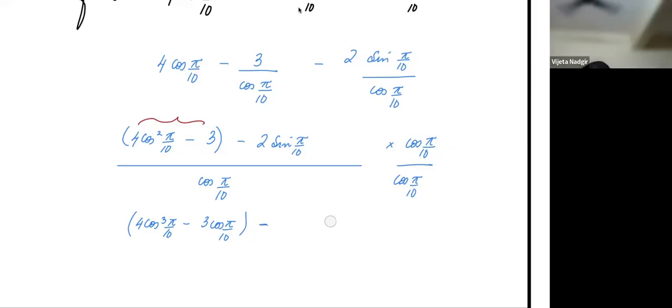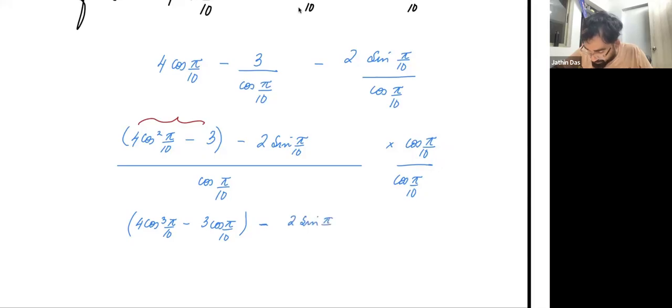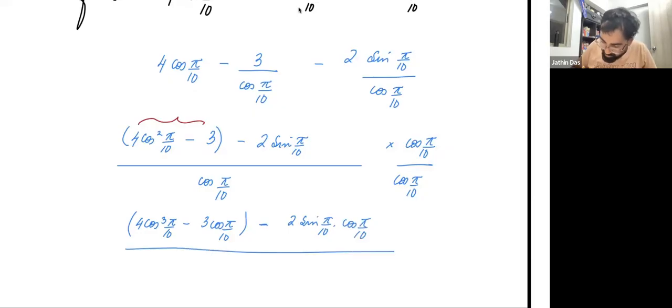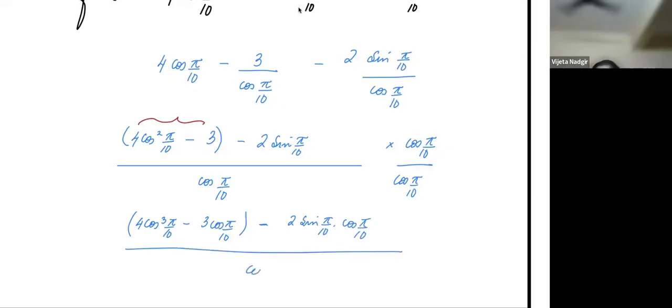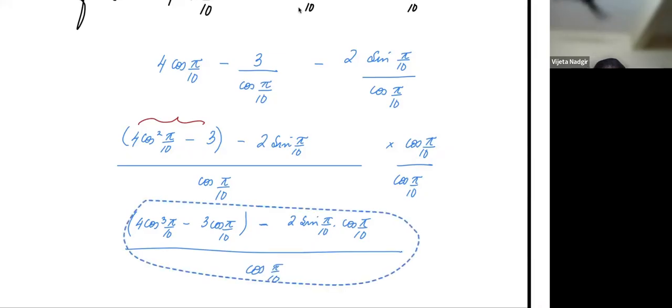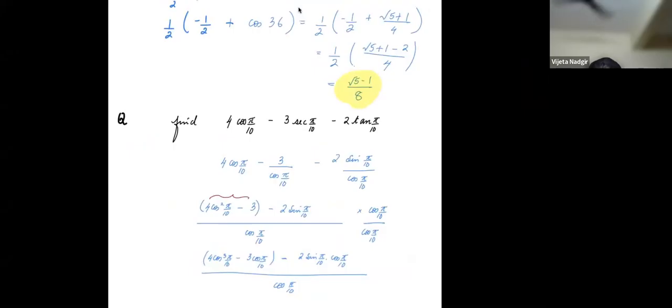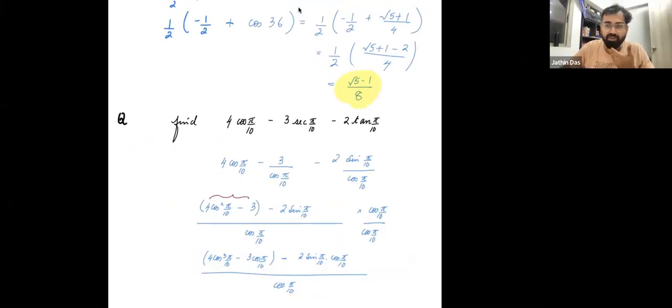Sin 36. 2 sin pi by 10 into cos pi by 10, divided by cos pi by 10. I was going to do that before only for that sign. Would it have changed? No. Same thing it will come. Finally.